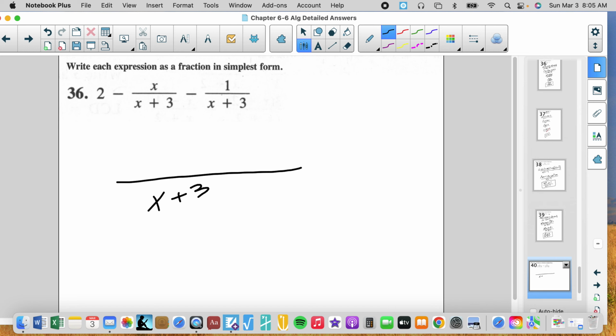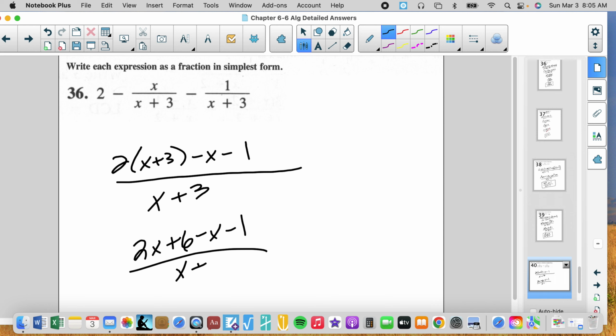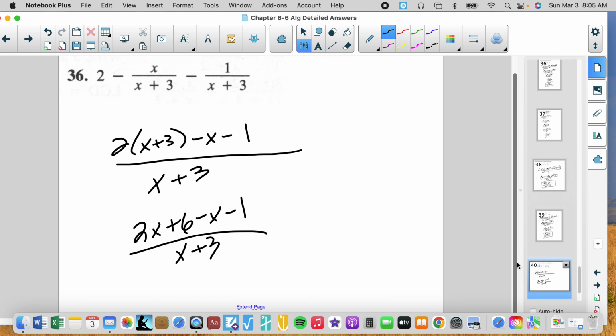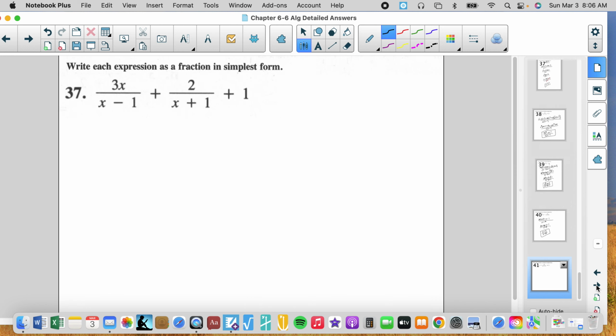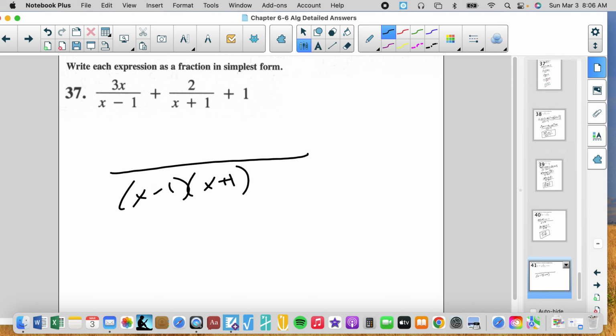Looks relatively easy. x plus 3 minus x minus 1. 2x plus 6 minus x minus 1 all over x plus 3. You get x plus 5 over x plus 3. Super easy. Nothing. Oh, okay, here we go. x minus 1, x plus 1.